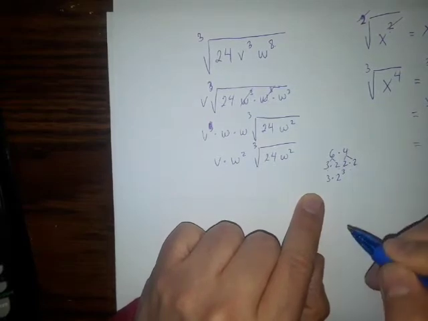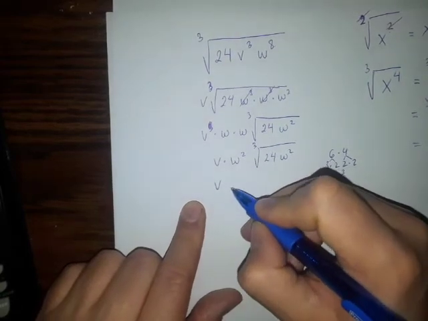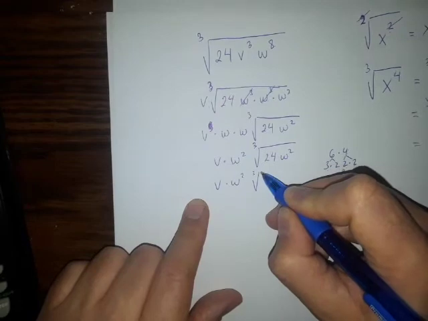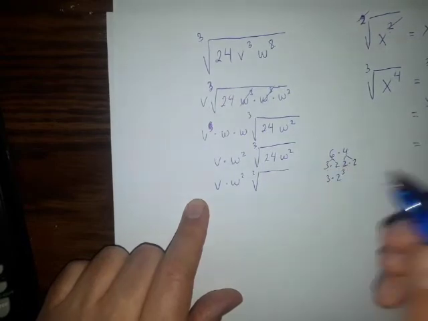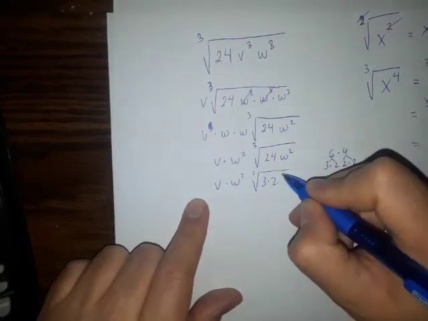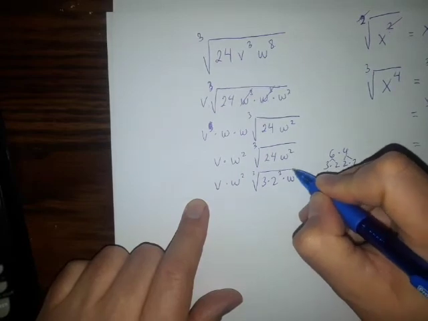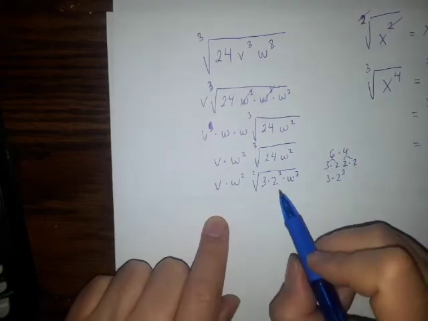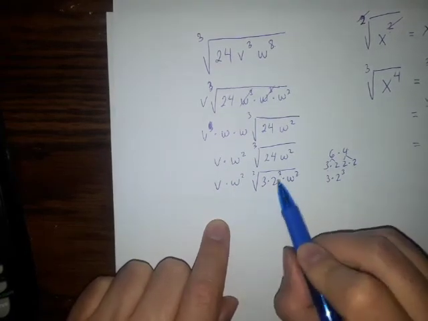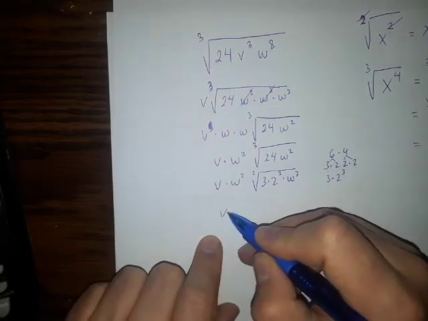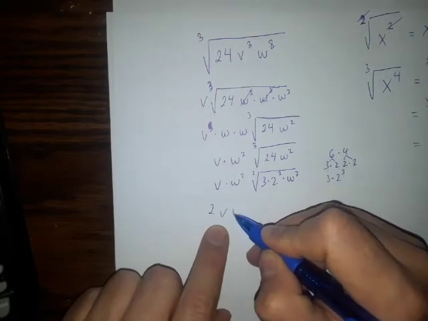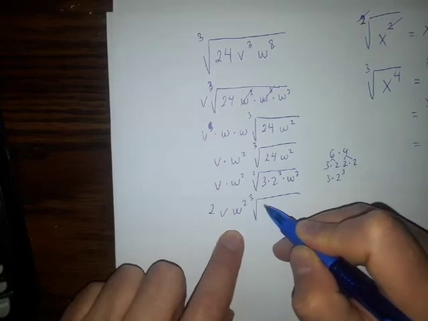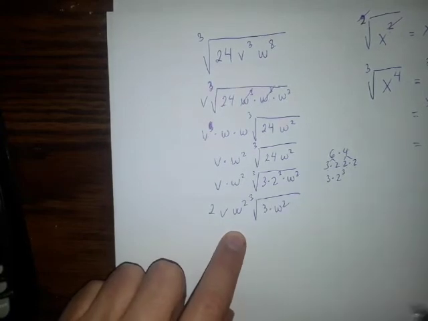So I can rewrite this as v times w squared, the third root of 3 times 2 to the third times w squared. Okay, and now this 2 can go out because it's to the third power. So we have 2v w squared, the third root of 3 times w squared.